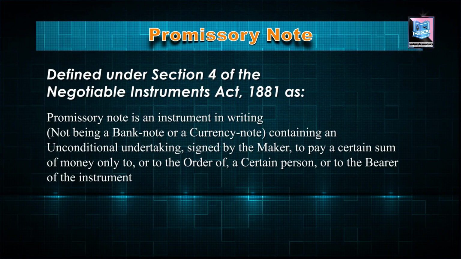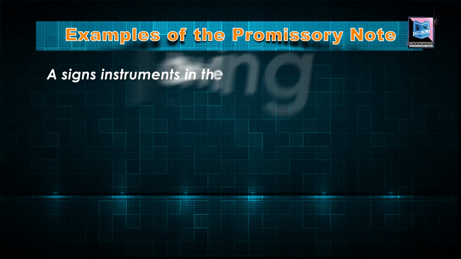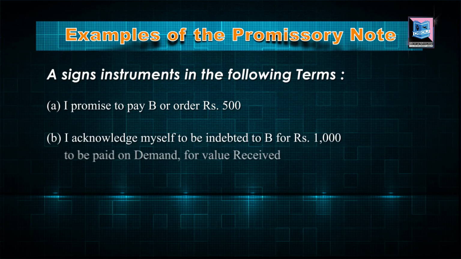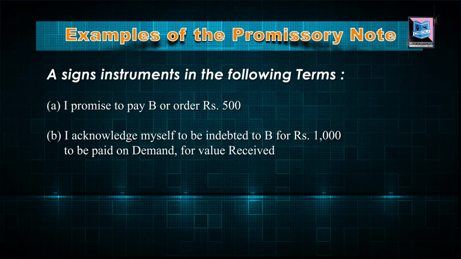Coming to the example for the promissory note. Let's suppose A signs an instrument in the following terms: I promise to pay B or order rupees 500. We can say that here the party is definite, the maker is definite and the amount is certain. So it has all the features of a promissory note. It can be termed as a promissory note.